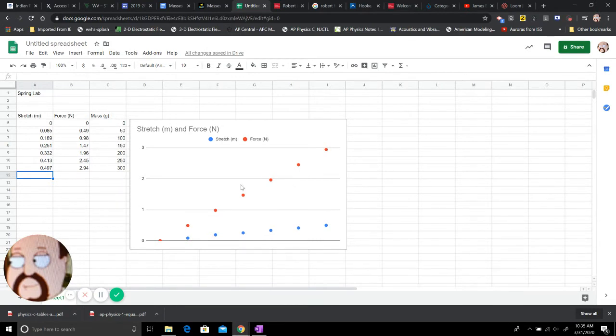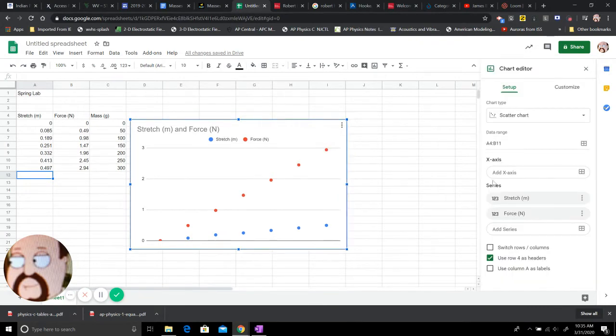This red line is not the one I want. These are my actual stretch values. This is what I want. Yeah, I'm not happy with the way it's doing that. I don't think I'm going to let it bother me. Let's see. We just want this stretch versus force.